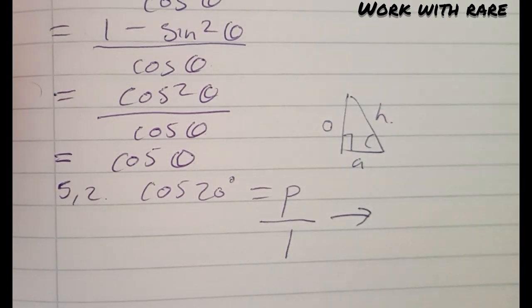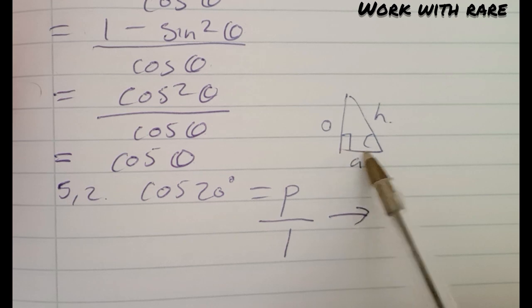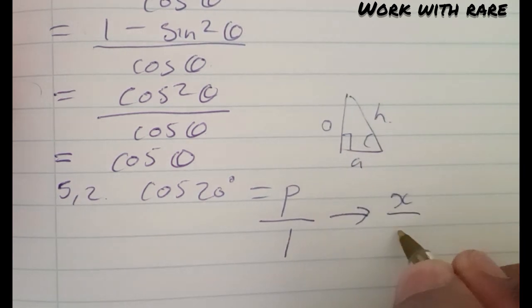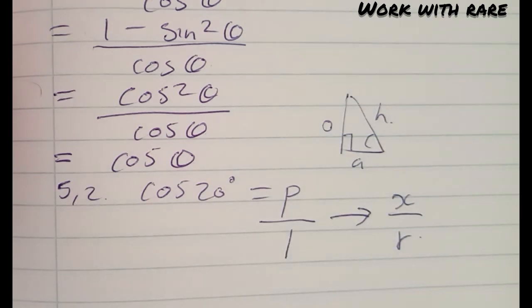So for cos it's adjacent over hypotenuse, which means it's x over r, but I don't know the value of y, but I have to calculate it, you see.